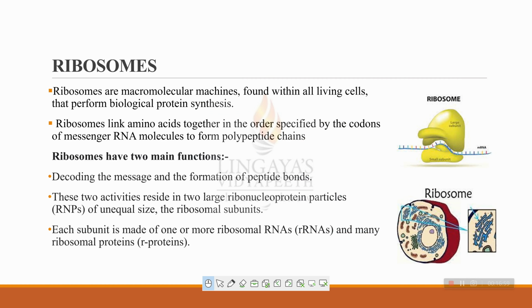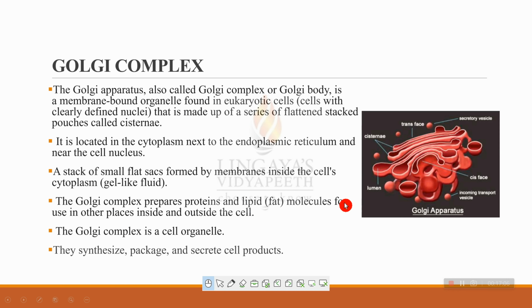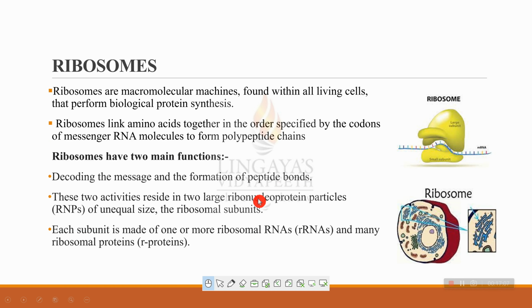Now moving on and talking about the ribosomes. So what are ribosomes? A ribosome is a complex molecule made of ribosomal RNA and proteins, which is involved in protein synthesis in the cell. The ribosome is responsible for the synthesis of protein inside the cell.